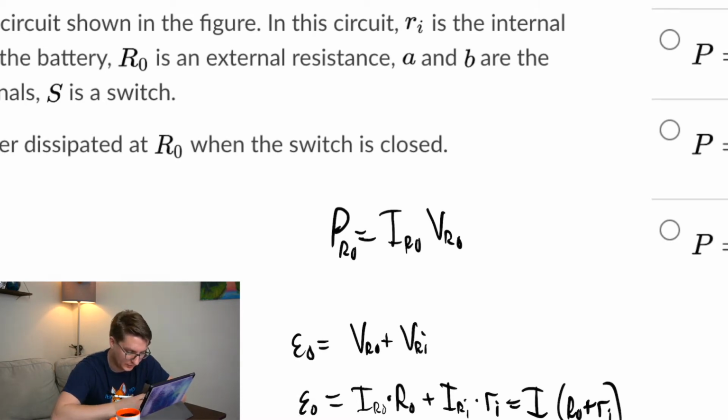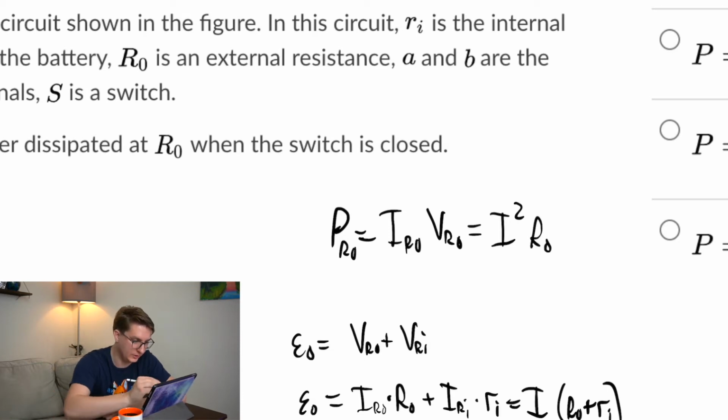So why is this helpful yet? Well, we can write this in a slightly different version using V equals IR. I want to replace it with the normal I squared R, I squared R naught. We essentially can solve for this I here. So we move this stuff over and we have this I. So essentially I equals, I've run out of space, but it's going to be equal to E naught over that stuff.